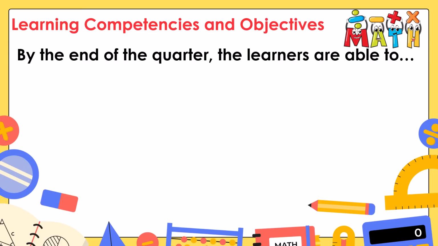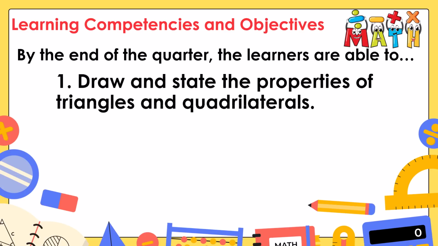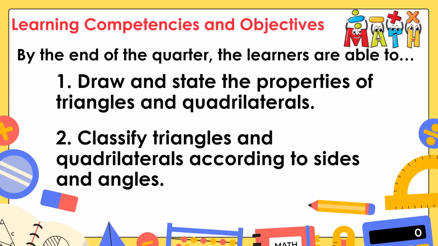Learning competencies and objectives. By the end of the quarter, the learners are able to first, draw and state the properties of triangles and quadrilaterals. Second, classify triangles and quadrilaterals according to sides and angles.